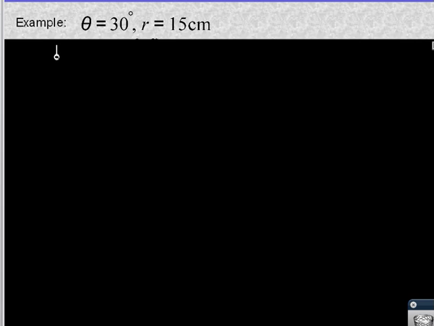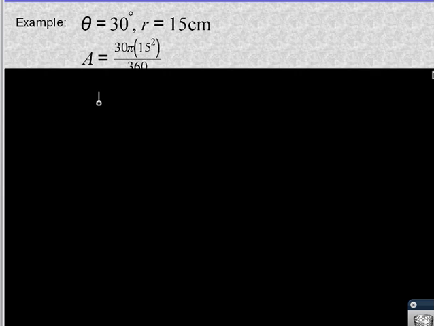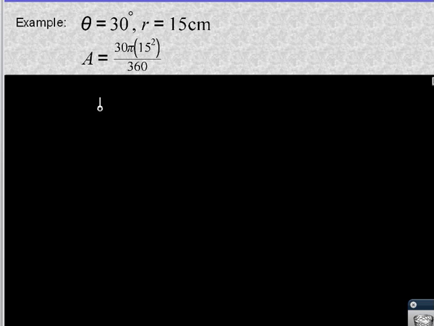All right, here we have an example for sector area where our central angle is in degrees and our radius is 15 centimeters. So we use the second formula, central angle times pi times our radius squared divided by 360.